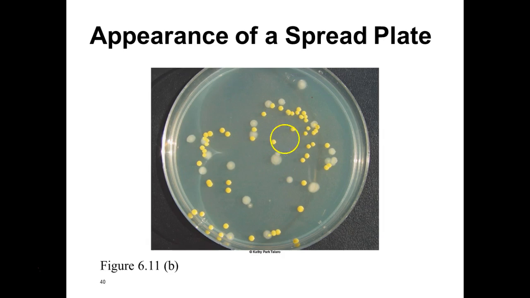As you can see here, these colonies are kind of running into each other. We really aren't getting good separation. Where these are pretty well separated and the color is pretty uniform, so the chance is that may be a pure culture. But you would do additional testing to be sure that you have a single organism there.